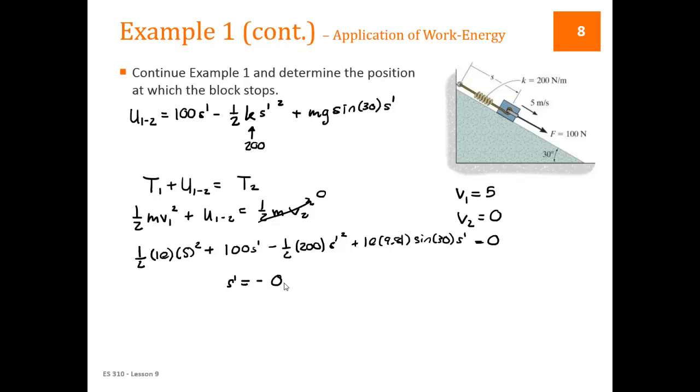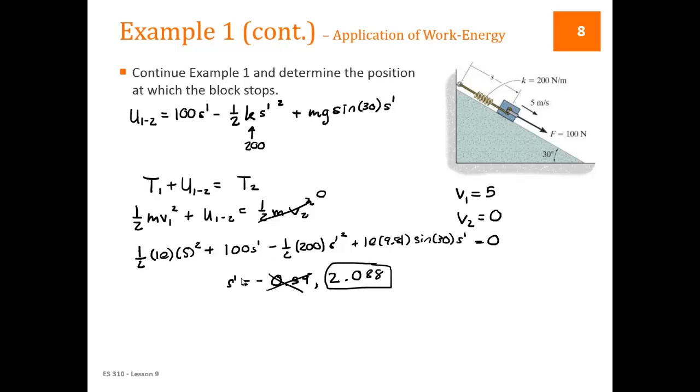One is negative 0.59 and the other is 2.088. The negative one doesn't make sense because that would be the block moving up the slope, and we're pretty sure the block is moving down the slope if the spring starts as unstretched. So that leaves the positive one as our answer.